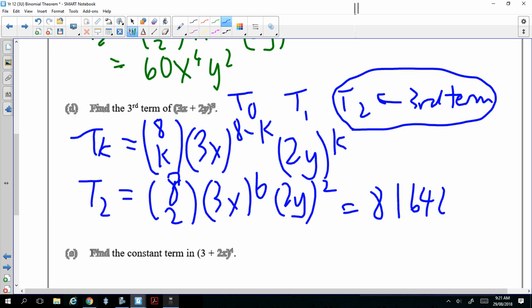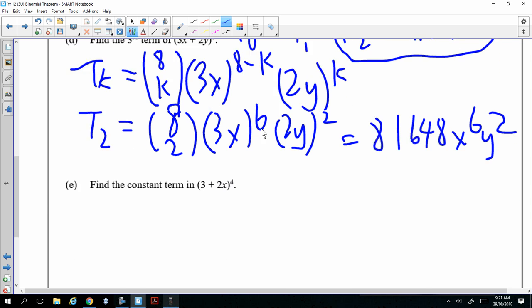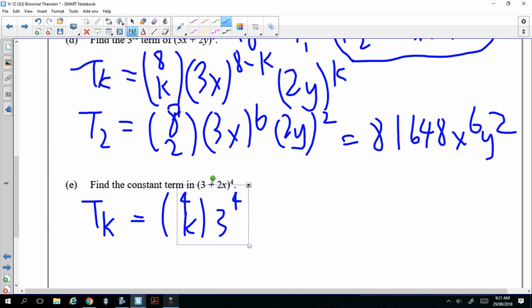Alright, and then we'll keep doing. So constant term again, write tk first. By now, you should be able to write this confidently. 4Ck, 3 to the power 4 minus k, then 2x to the power of k. Okay. Now they want the constant term. Constant term means the power of x is 0.